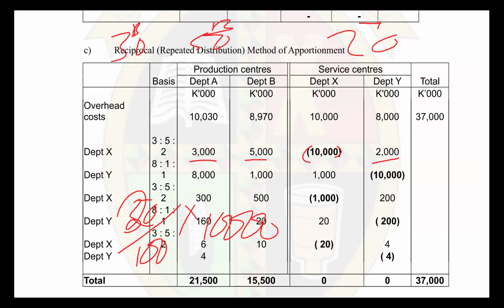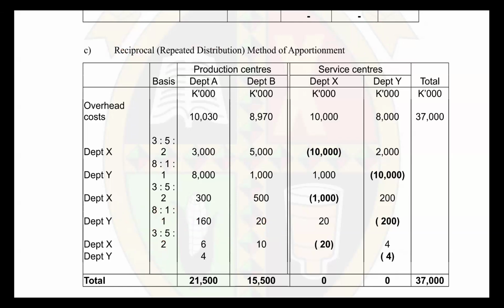Observe that X is not allocating anything to herself this time around. No, first to other departments. Have we settled this up to here so far? I want us to settle these steps one by one. Are we good up to that stage? Anyone with a question, can you hear me clearly? Okay.